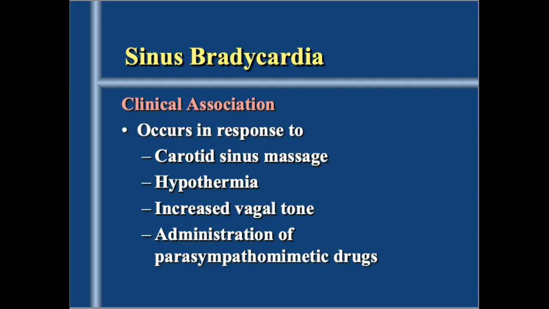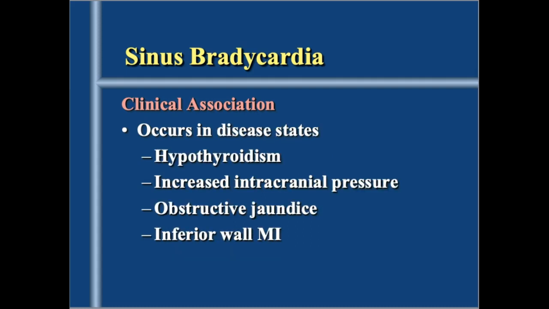So these are things that we see sinus bradycardia with. You'll also see it in disease states: anybody with hypothyroid, any kind of brain injury with increased intracranial pressure, obstructive jaundice, or inferior wall MIs, which are known for bradycardias.